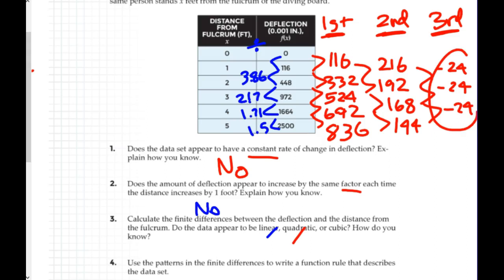Look at that. It is cubic because the third difference is the same.